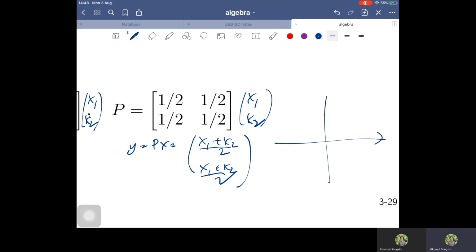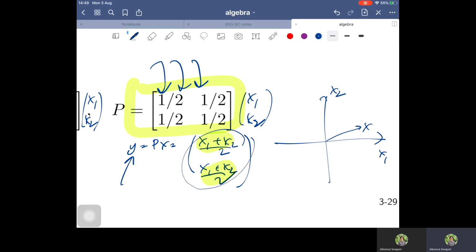The two elements in y turn out to be the same, by the description of P. What I'm going to point out is that if you have a vector x, the projected vector y has the property that the magnitudes of y1 and y2 will be the same, which means the vector y must lie on this straight line in R2, and this straight line has a slope of 1.